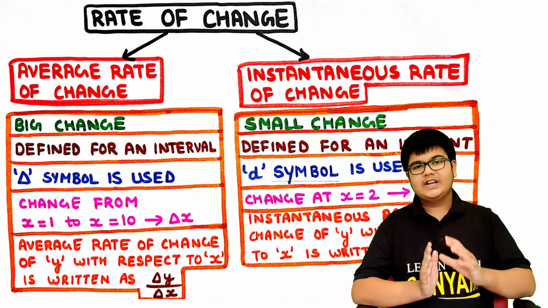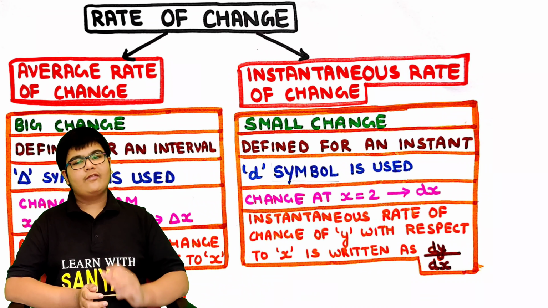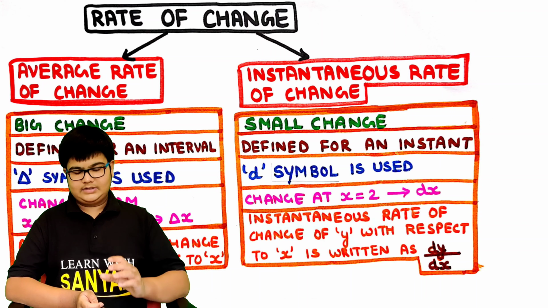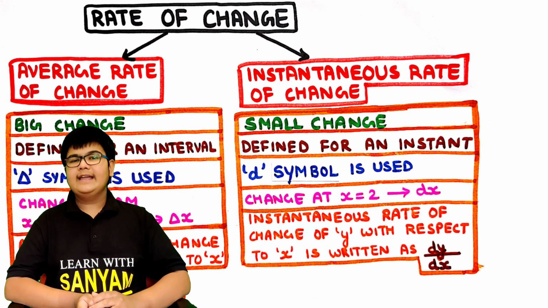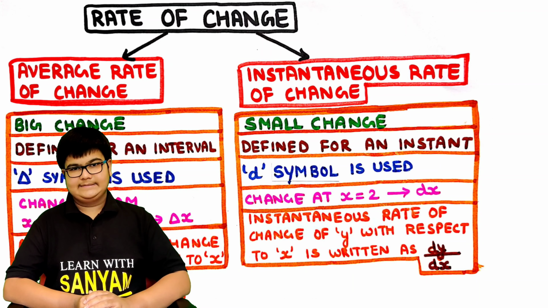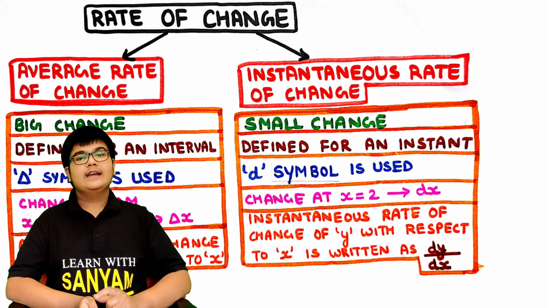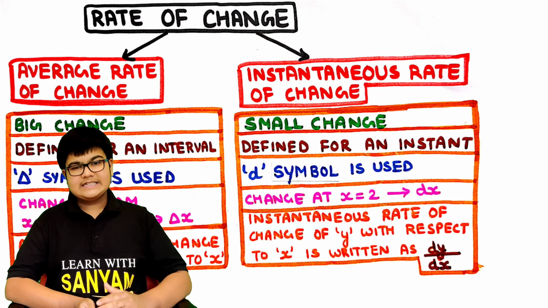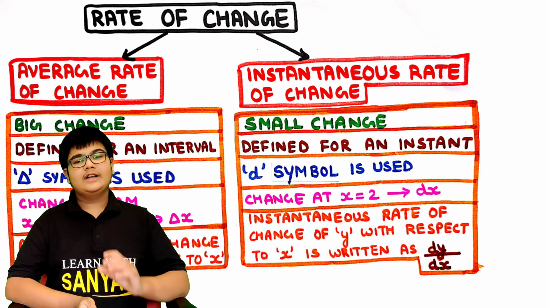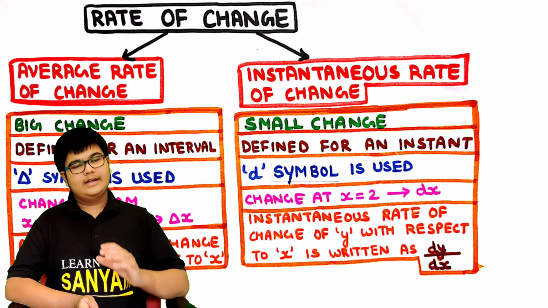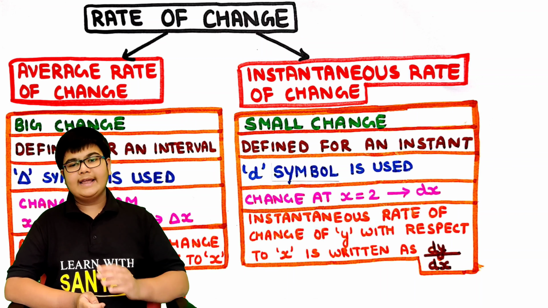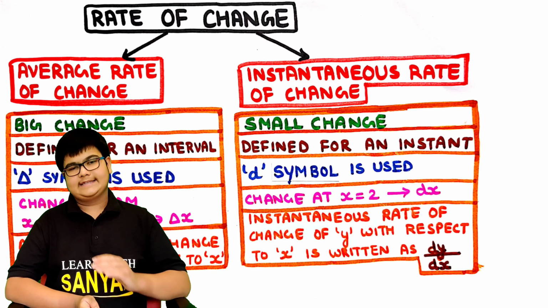Similarly, instantaneous rate of change of y with respect to x can be written as dy upon dx. So for average rate of change, the delta symbol is used. For instantaneous rate of change, the d symbol is used. Hence, whenever we see dy upon dx, it means the instantaneous rate of change of y with respect to x.